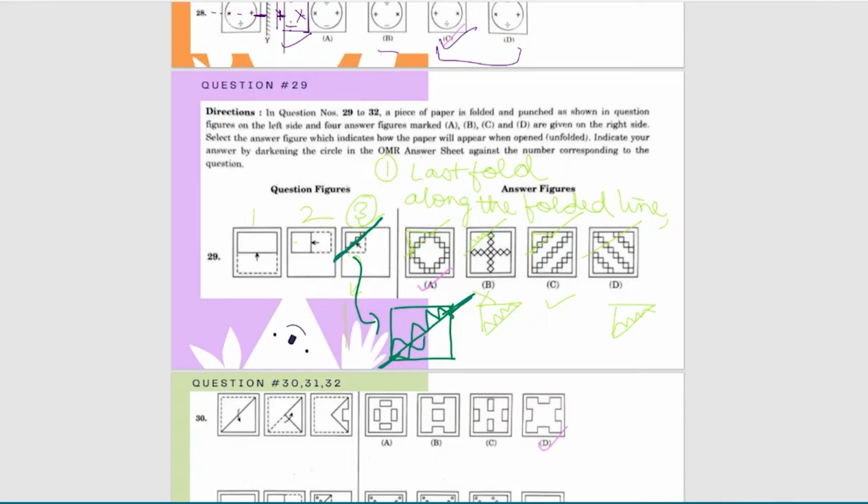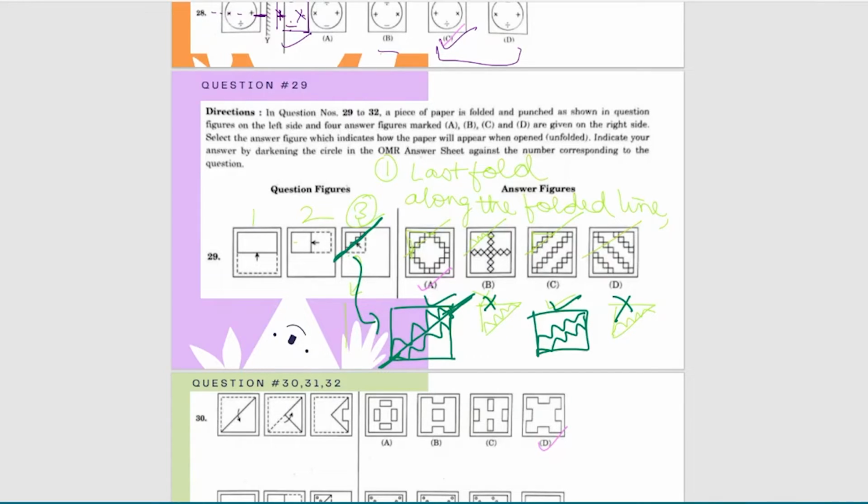Then we check whether this kind of a figure is there in any of the answer figures. So A has this kind of a figure, B does not, C has this kind of a figure, D does not. So we are still at the same position that we were at when we saw the first one.